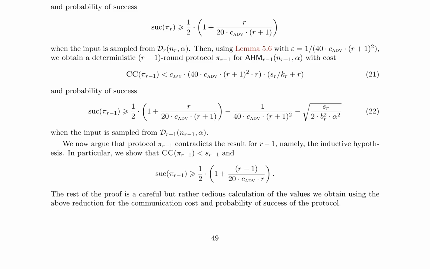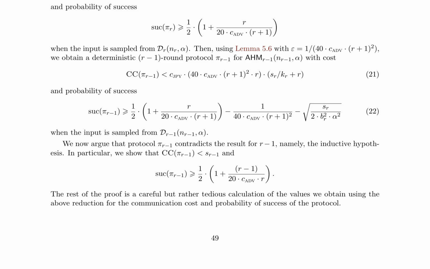Applying lemma 5.6 with epsilon equals 1/(40 C_ADV(R+1)^2) yields a deterministic (R-1)-round protocol pi_{R-1} for AHM_{R-1}, N_{R-1}, alpha, with a bounded communication cost and a probability of success suc(pi_{R-1}) bounded below in terms of R, C_ADV and S_R.